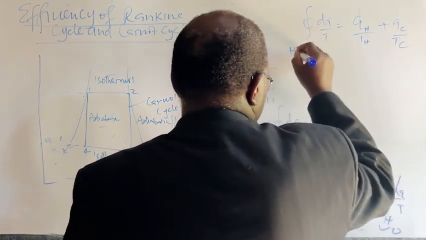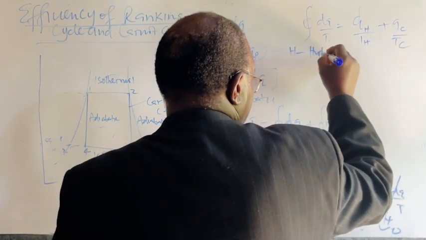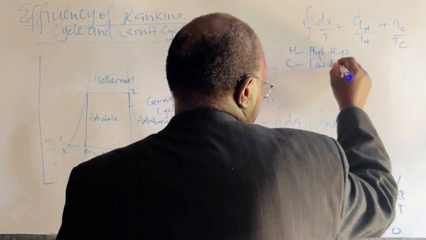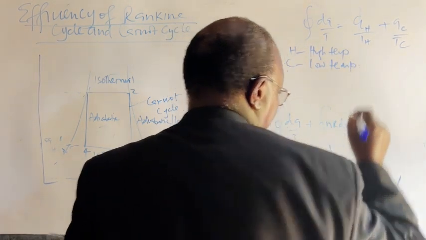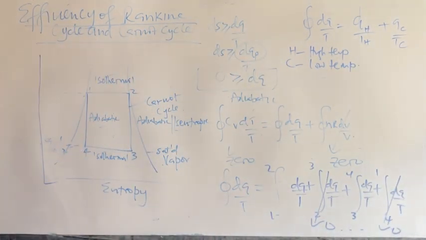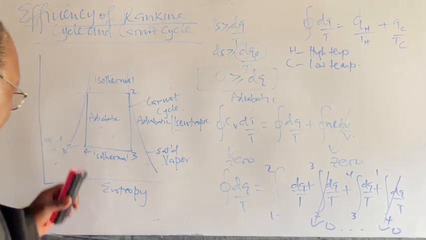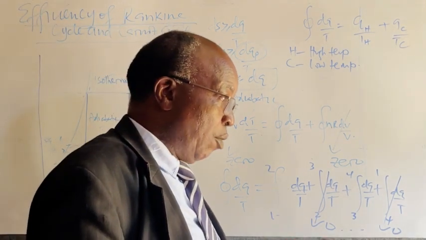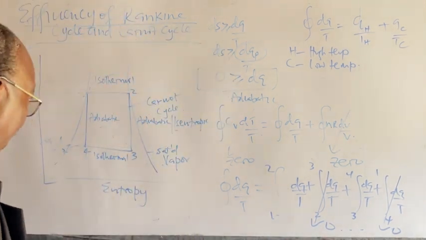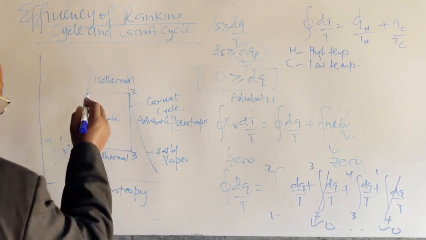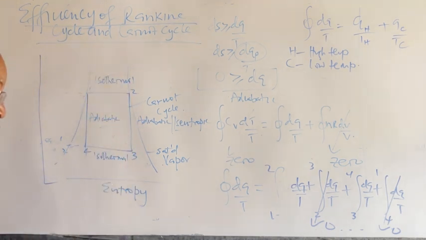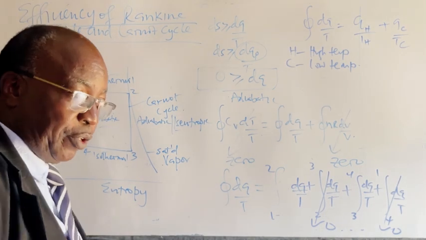Remember, H represents the highest temperature and C the lowest temperature, when we remember the reservoirs which we talked about, the hot body and the cold body. And then the other thing which we mentioned is that in this Carnot cycle interposed on the Rankine cycle, those steps where we had an isothermal process must be associated with a phase transformation.